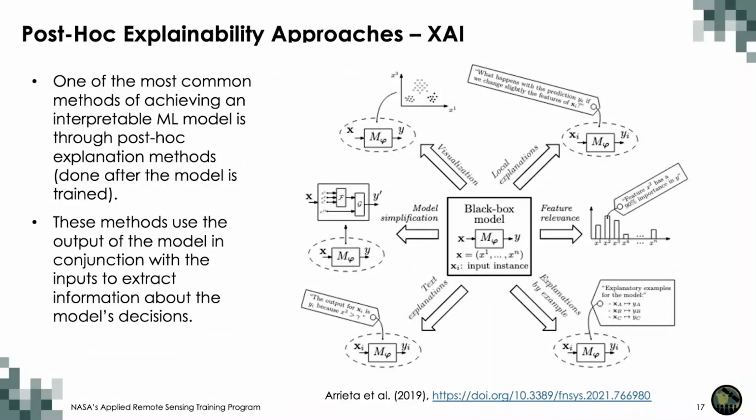Other methods are rule explanations, where we can determine the model makes a prediction Y only if some part of the input is above or below a certain threshold. And we can also look at other methods such as model simplification, where we can take a very complex model and reduce those decisions down to a more simple model that's more easily interpretable.